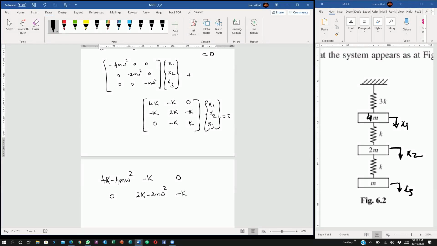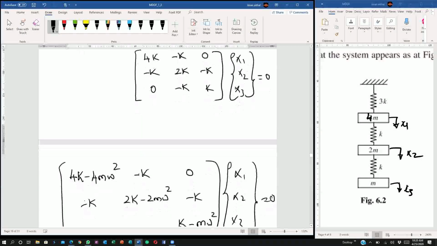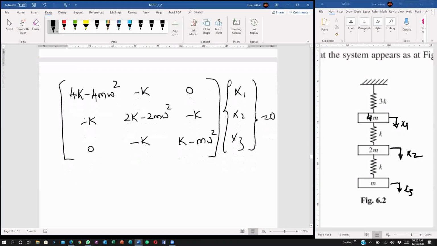Oh, sorry, I did a small mistake here. This has to be minus k, 0, minus k, and then k minus m omega square, right? Times x1, x2, x3 is equal to 0. So this is what I have got now here.